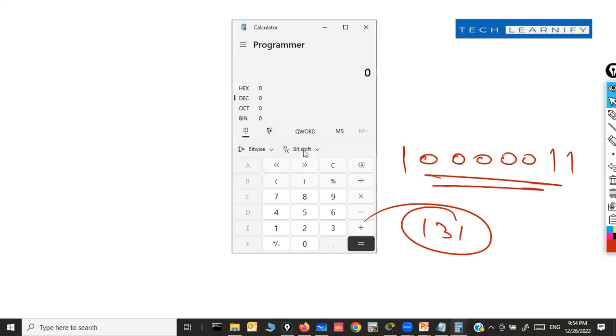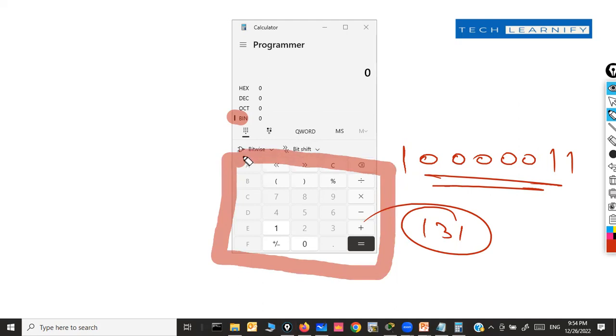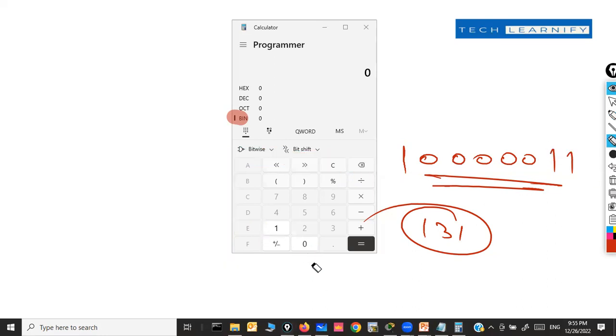If I select binary here, and on this pad, just see what you find here. Only 1 and 0 highlighted. Rest of the numbers grayed out. Why? Because in binary there are only 0s and 1s, right? Computer is of course intelligent.